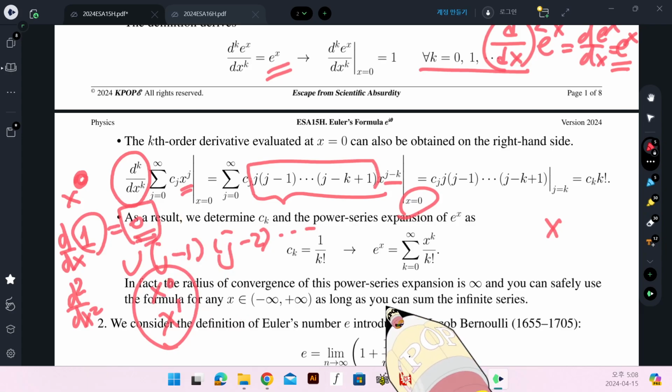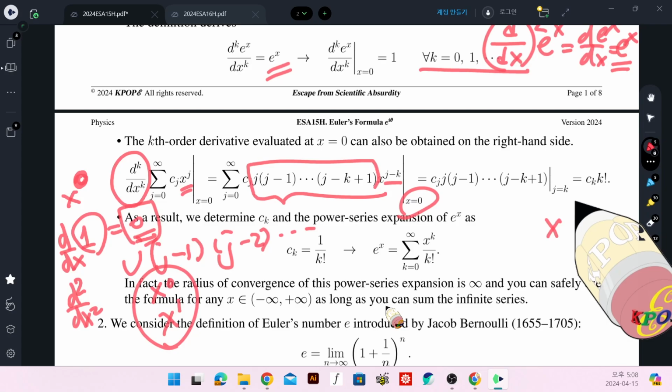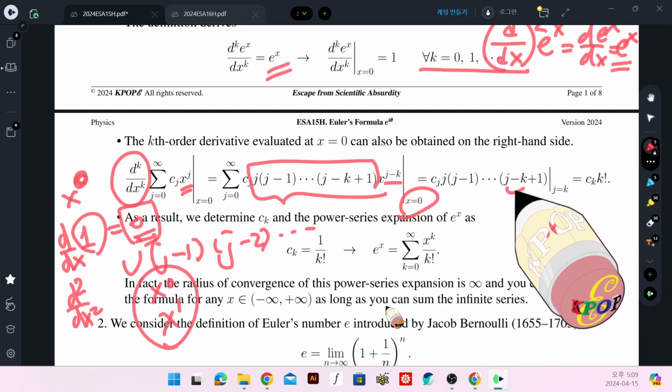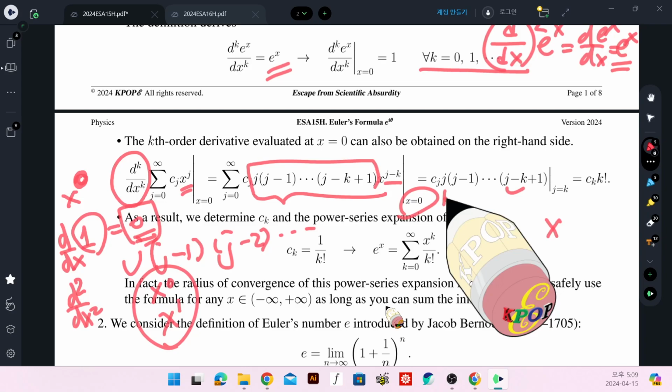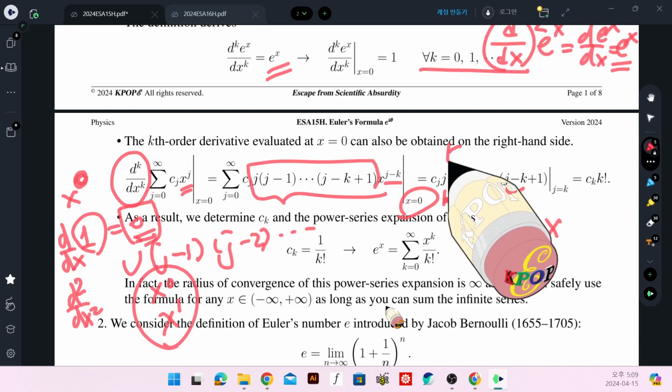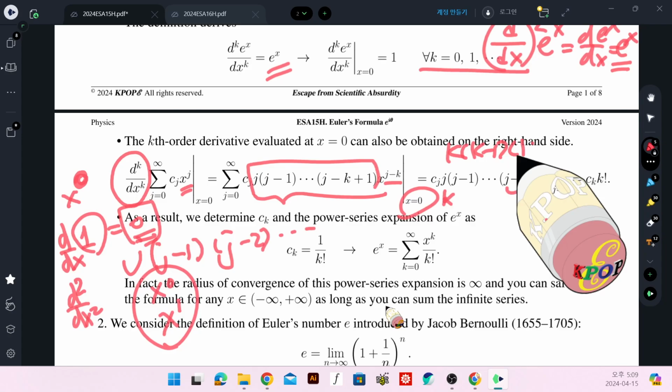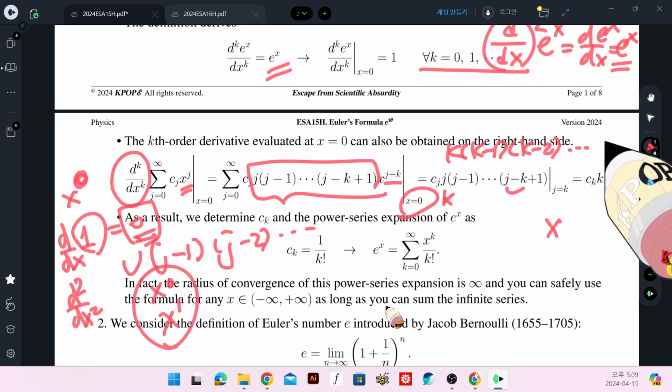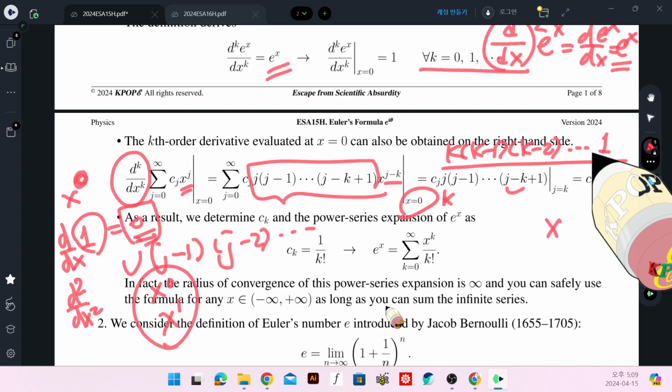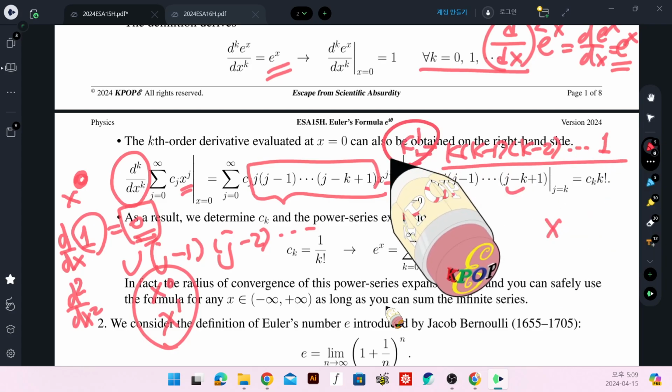As a result, if I substitute j equals k, the power becomes 0, and we have k, k minus 1, k minus 2, and so on down to 1. That is identical to k factorial.